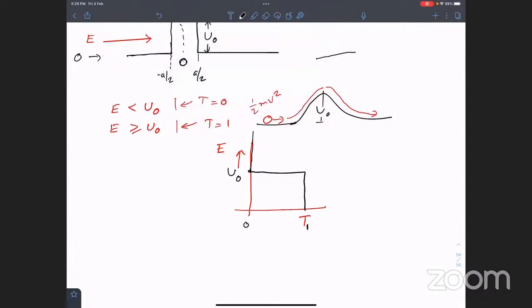If I send in one ball, I cannot get two balls on the other side. So this is your classical transmission that we expect. Oh, sorry, I made a mistake. It's the other way around. You're right. So I expect 0 transmission until U naught, and right after that I expect a transmission of 1.